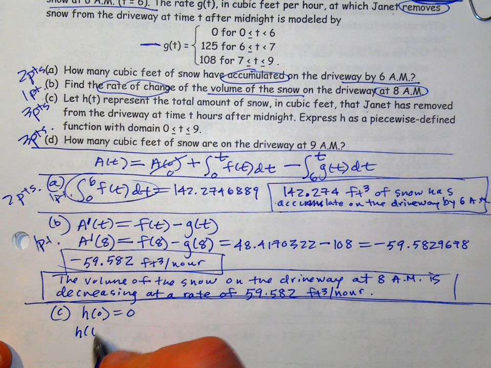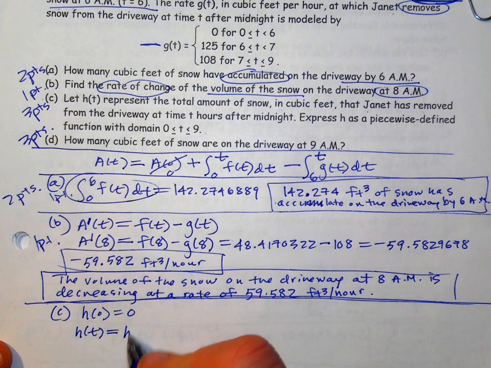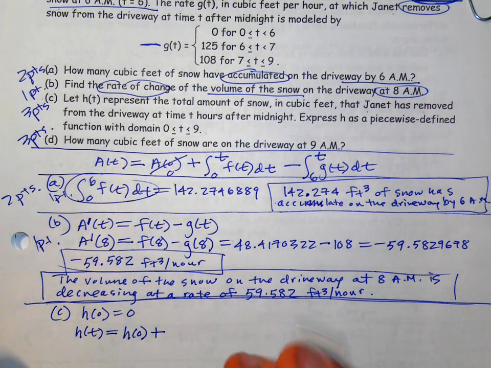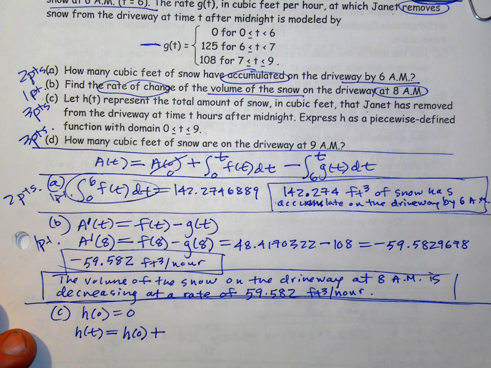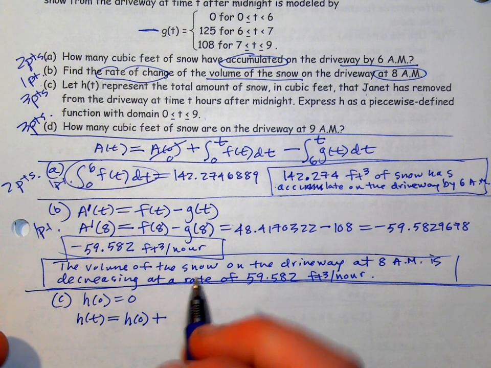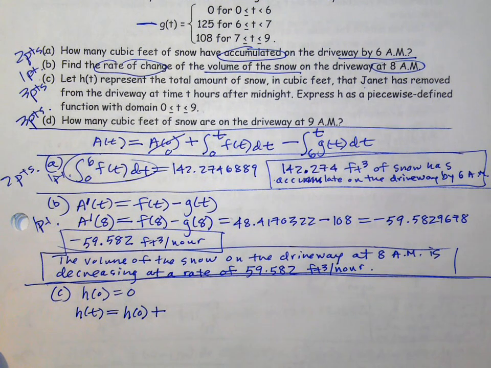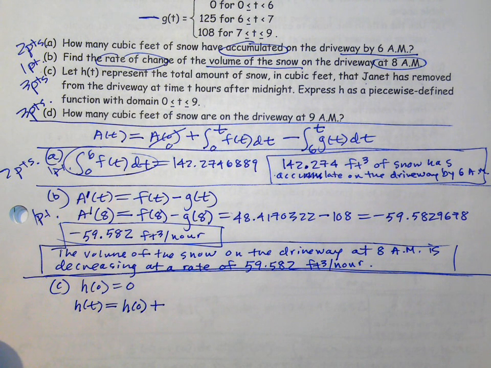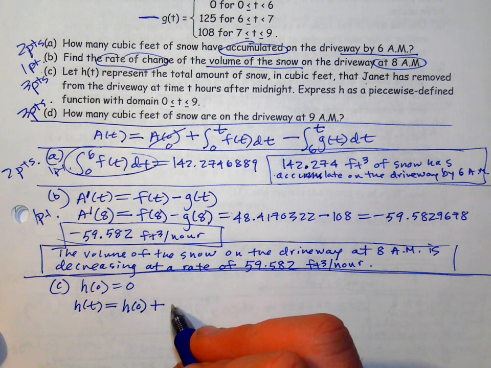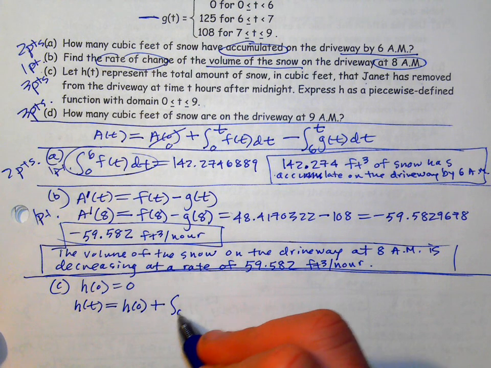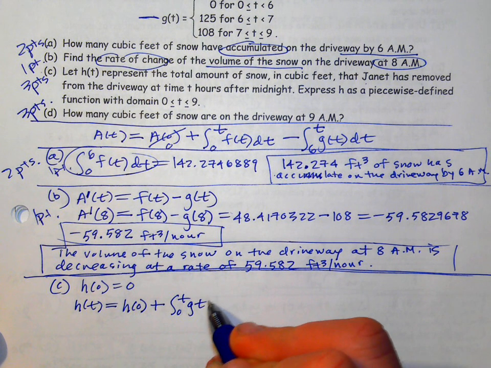We could say, well, the amount she's removed is going to be the amount she had removed before plus, and we're not going to put a negative for this because it's the amount that she's moved. I think I'm going to have to bail on this pretty soon, so I'm going to see if we can finish this as quick as I can. All right. 0 to t of g(t) dt.